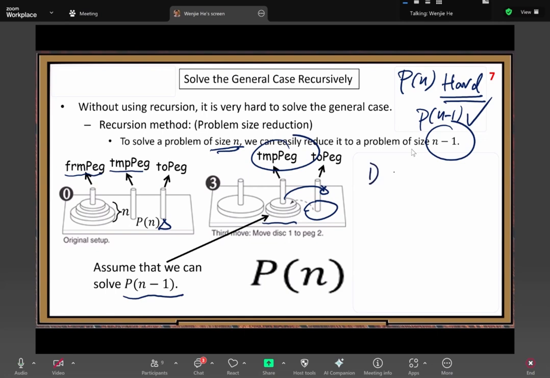The first big step, we apply P of n minus 1. The second step, move the bottom disk.